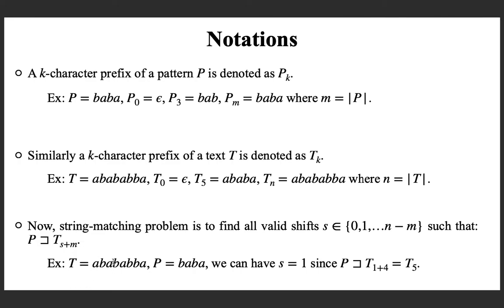Suppose T is this input and the pattern is BABA, there is a single occurrence, and we can have shift as 1, because after the first index, after 1, if you look at the next 4 characters, this is exactly the pattern.